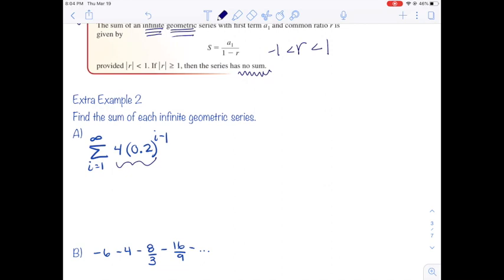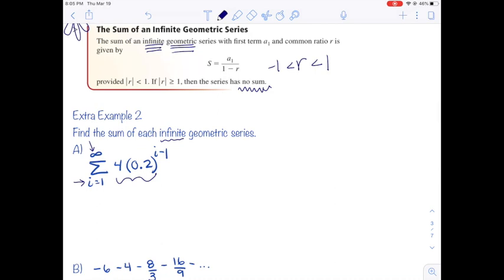So just remember that the summation notation is really just saying the sum of that term up until that term, which in this case is the first term up until the infinite term. So we know it's an infinite geometric series, and you can find your first term, your a sub 1, by plugging in i equals 1 into the rule.